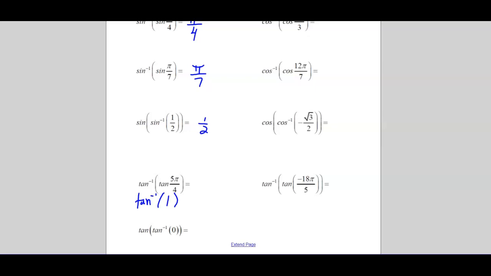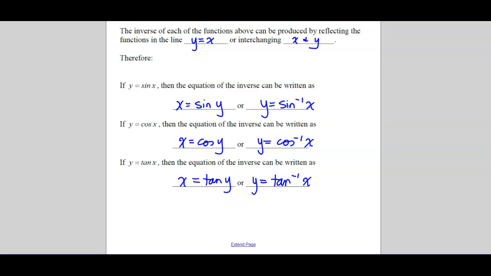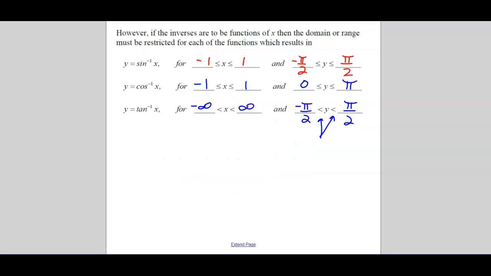Now, when you're taking the inverse, what angle gives you a tan of 1? Well, obviously 5 pi over 4. But what's a smaller angle that gives you a tan of 1? Pi over 4. That's your answer. So you might say 5 pi over 4 to start, but you got to cross that out because remember, first of all, you can look here. 5 pi over 4 doesn't fit in there.